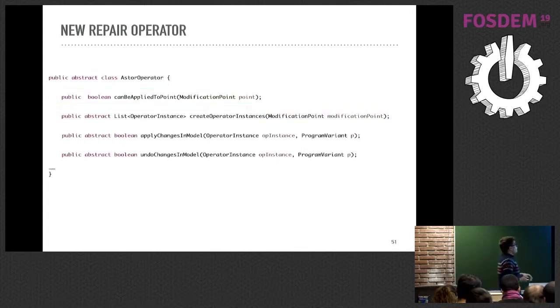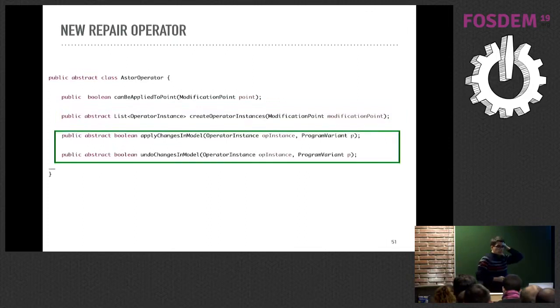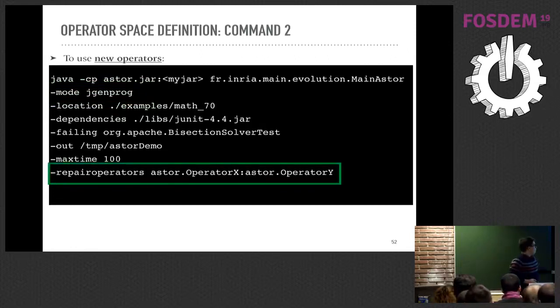And another method that must be implemented by an operator is, given a modification point, to create an instance, or a list of operator instances. That means a list with possible changes that can be done in this point. Here the same, if we have new operators in new classes, we can pass them in the repair operator argument.